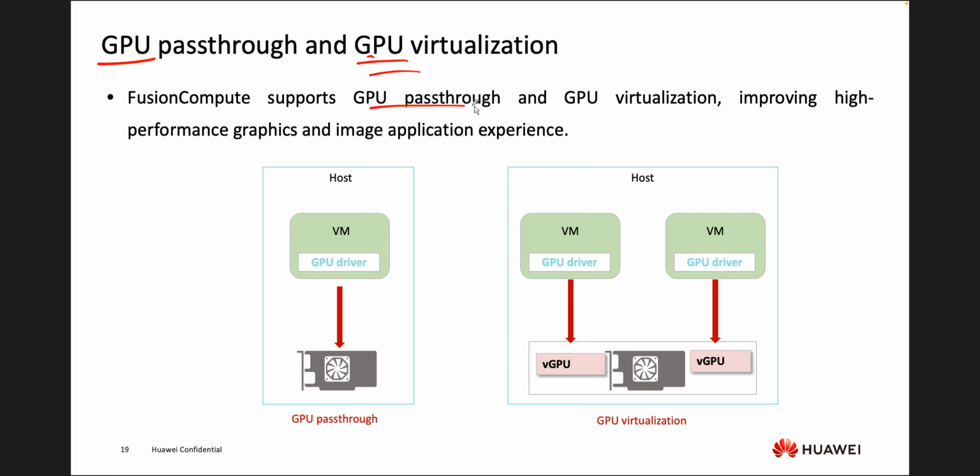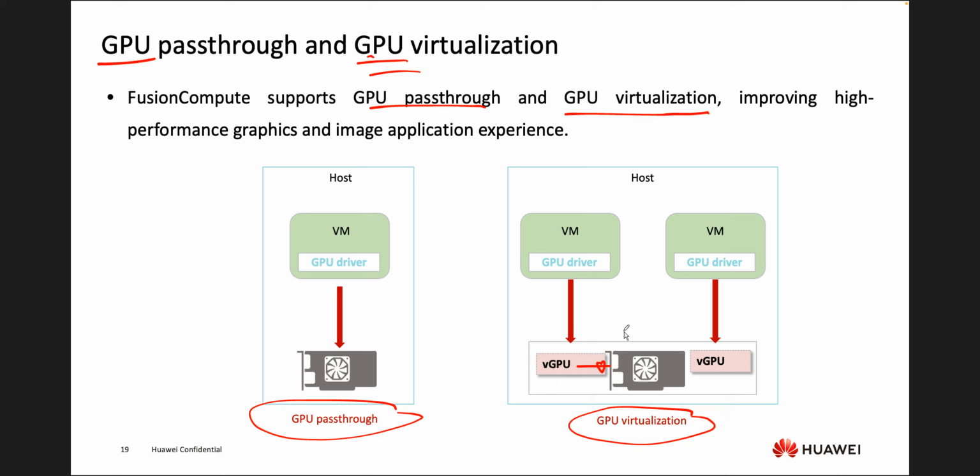Pass-through means that the GPU basically has direct access. As you can see here, here's your normal host with pass-through. So you have your GPU driver on the VM connecting to your physical driver, which is the graphics card. And when you have GPU virtualization, you have the driver connecting to a virtual GPU still, and then only connecting to the hardware, right?